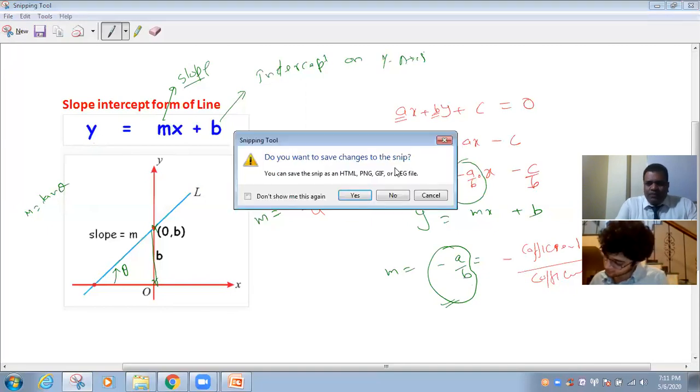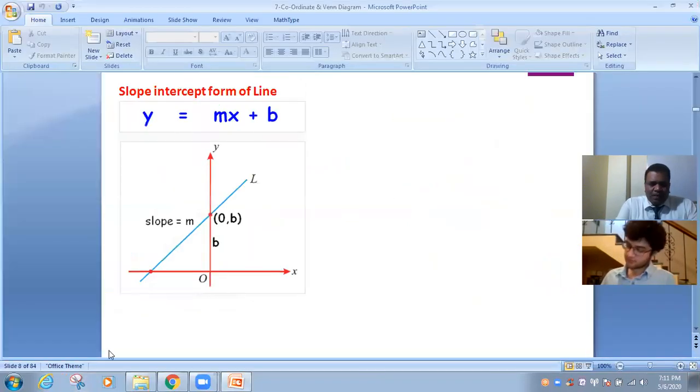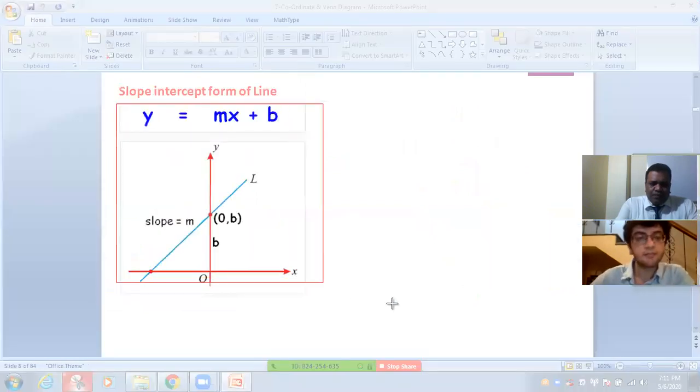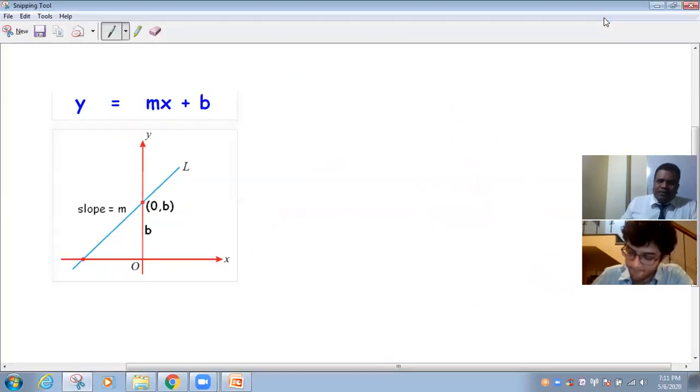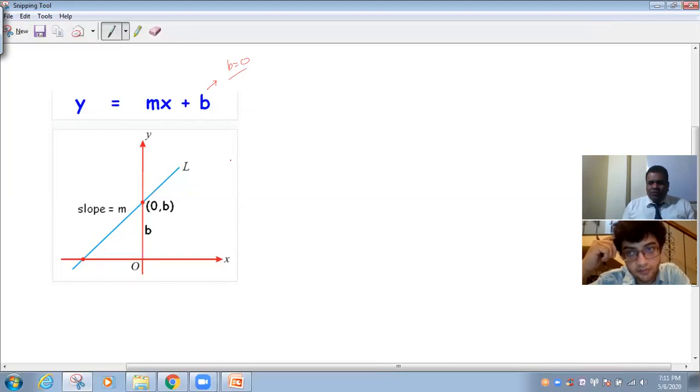Let's go for another case here. For time being, if I say b is 0 in this, b is 0 means what? The intercept on y-axis is 0.